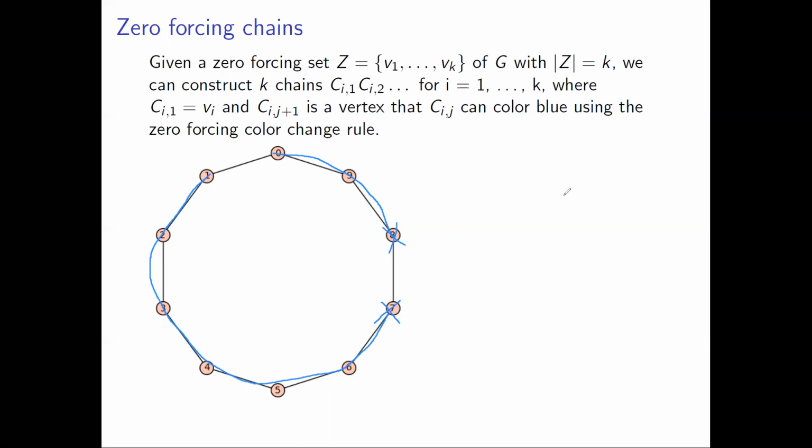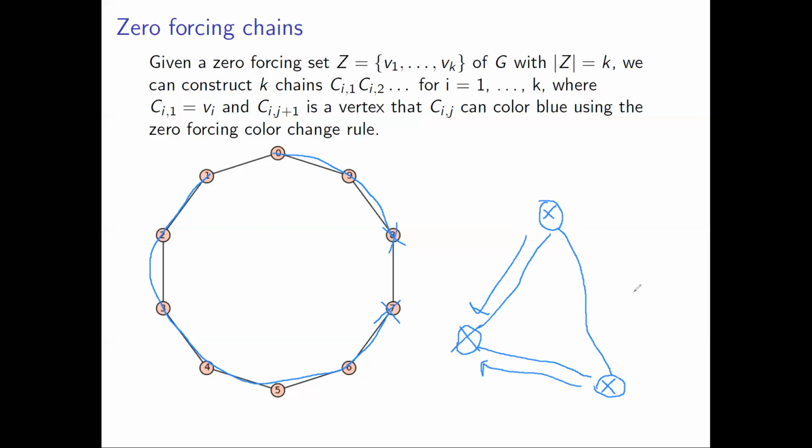Another one we could consider, suppose we have some graph over here. The triangle. And we have these two initial blue vertices. Now, even if we are performing the forces in parallel, we can make a choice of which of those blue vertices gets to force this last vertex here. So that vertex can be part of either of these zero forcing chains.